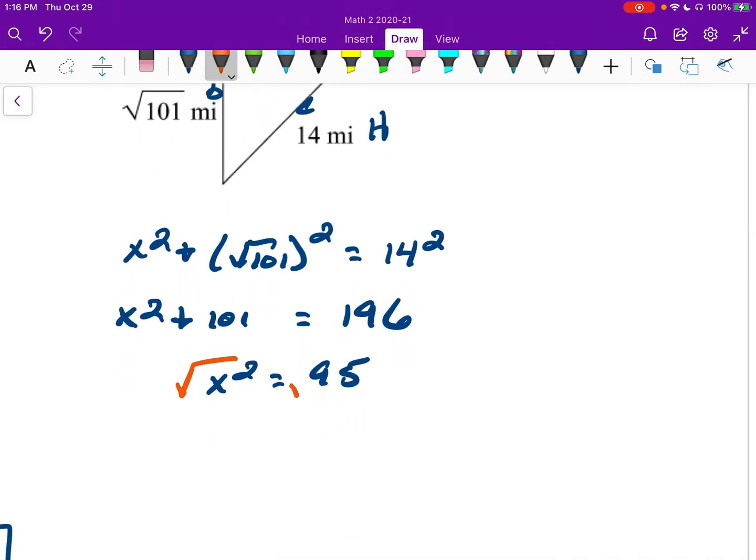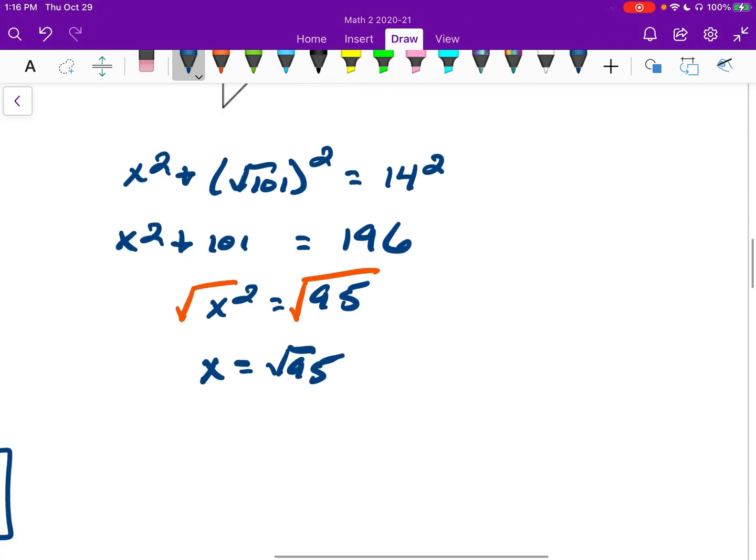We take our root of both sides. X is root 95. And like I said in the last one, we don't really care about the negative version of the root. We only care about that positive version. So now I'm going to break apart 95. Well, we could divide a 5 out of there. 5 and 19. 19 won't split up. 5 won't split up.